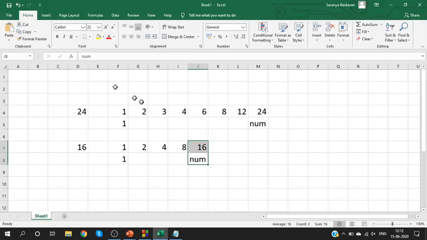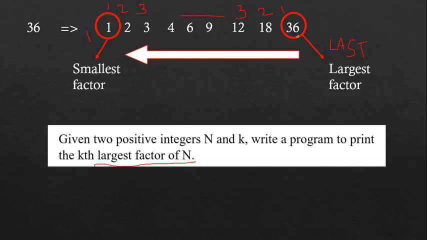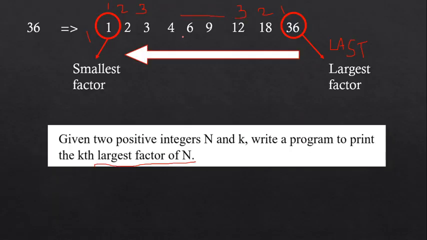Start from itself and proceed in the reverse direction. That is what we said here, right? Start from the last and proceed in reverse direction, which means the factor value should decrease each time. It is not going to increase. Factor minus minus. Until which factor?